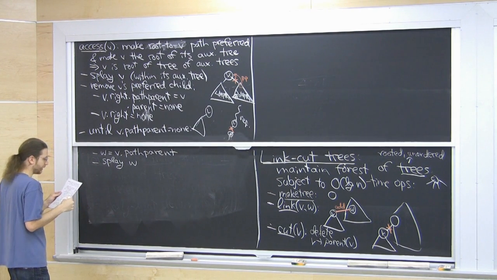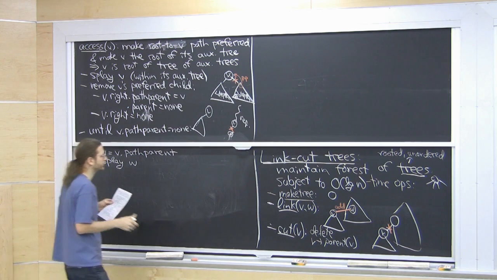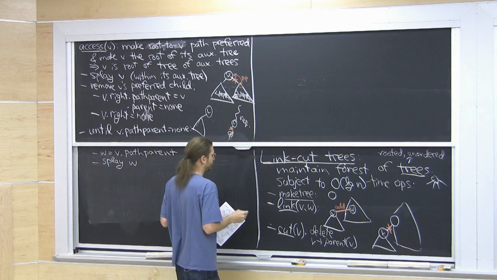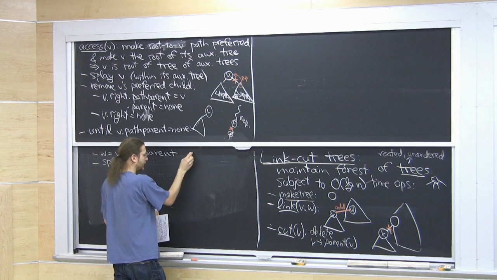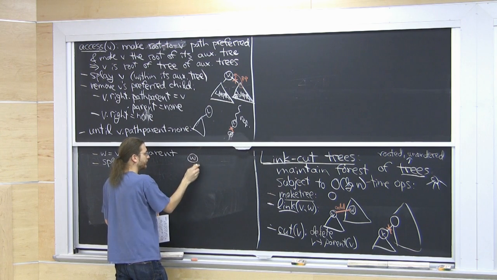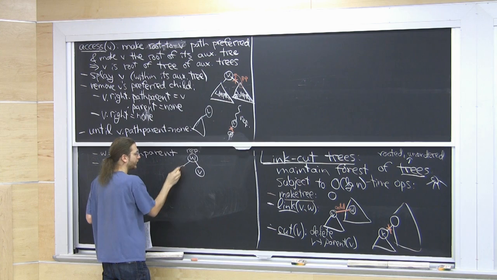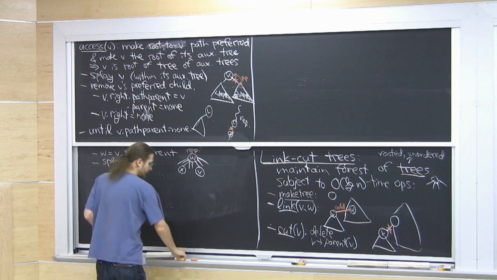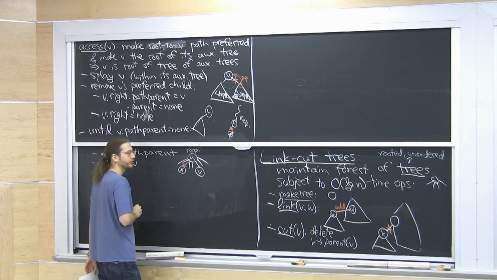Okay, I think at this point I should draw a picture. Many pictures to draw. So we have, let's say, a node w has a child v. This is the represented tree. It has some other child x, and it can have many children. Let's suppose that right now the preferred child from w is x.